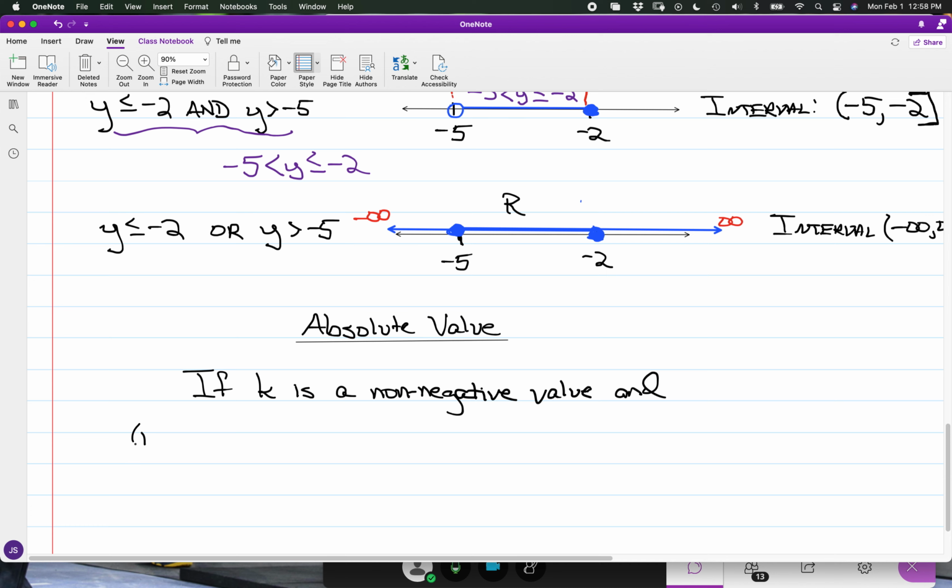Again, we have that the absolute value of x is equal to k, so x equals plus or minus k. Just like two numbers with an absolute value of 17 would be 17 and -17.